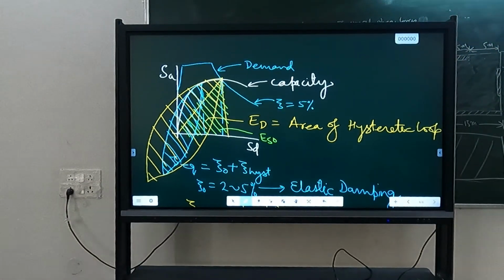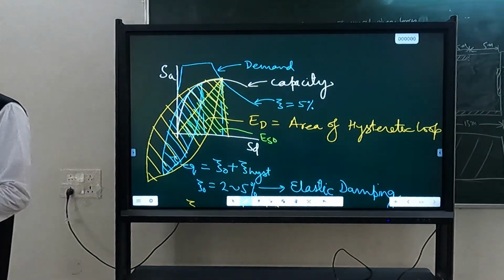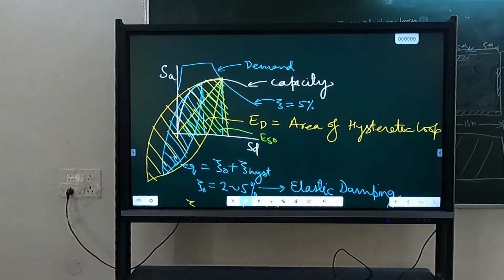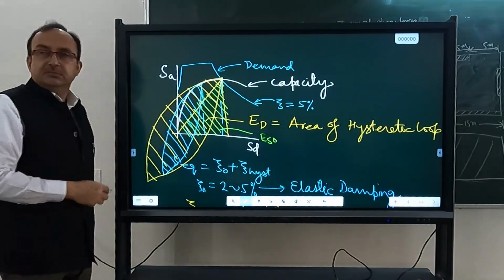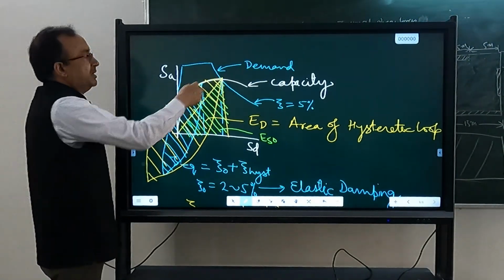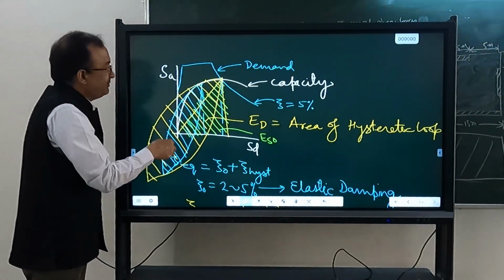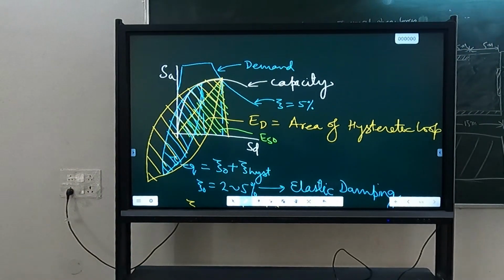So the area of the triangle: if the structure was elastic and we were getting the same displacement in the elastic structure, then the energy stored by the elastic structure at this displacement, that was ES. The elastic structure would have moved to this point along a straight line. The inelastic structure has gone like this, the elastic structure would have gone like that, and the elastic structure would have stored this much energy, which is given by this green area.